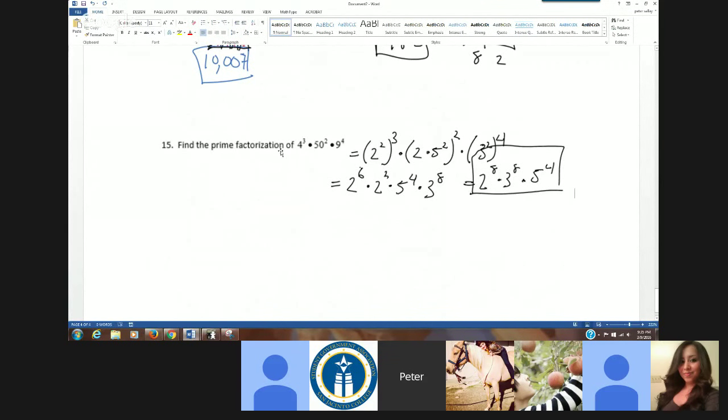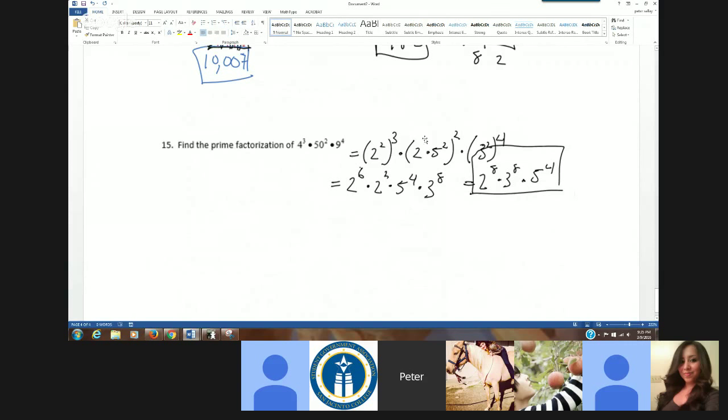So for example, 4 cubed I can rewrite as 2 squared cubed, and then our exponent rule is multiply the exponents together, so that'd be 2 to the 6th, because 2 times 3 is 6. The 50 is, in its prime factorization, 2 times 25, so that's 2 times 5 squared, and we're raising that to the 2nd power.